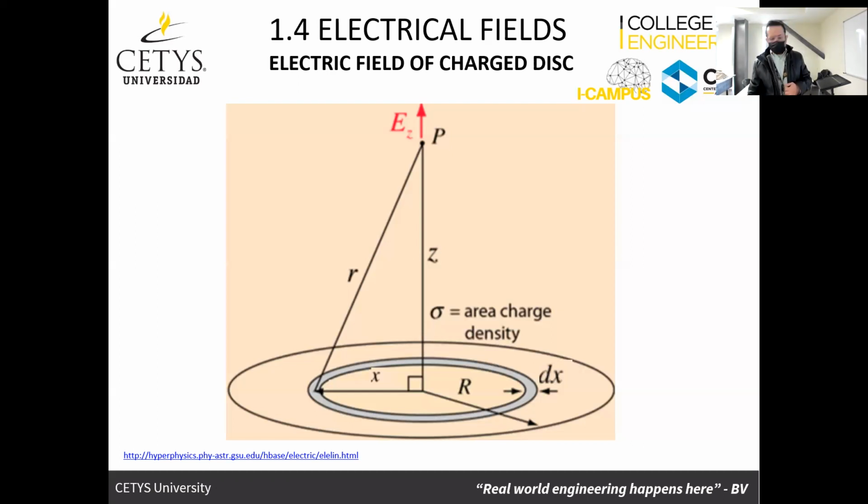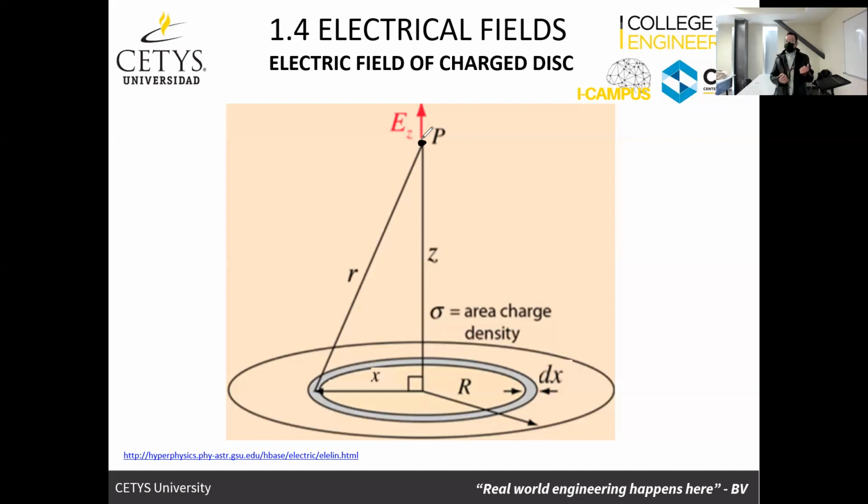But right now, talking about a disk, the situation we're going to be looking at is a disk that has a certain radius, R, and we're going to be looking at a point located from the center of the disk, and we want to know what the electrical field is at that point. The disk has a uniform charge around it as well.